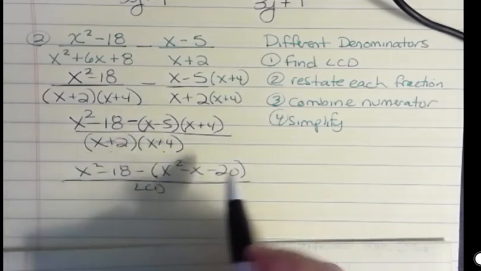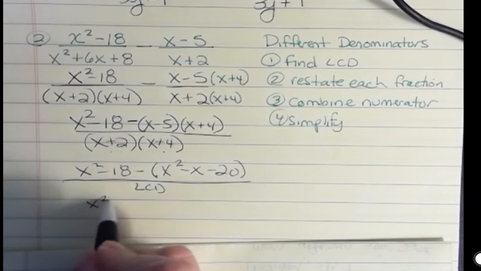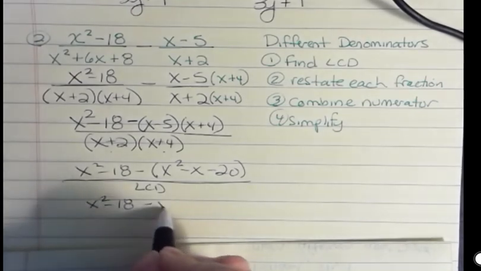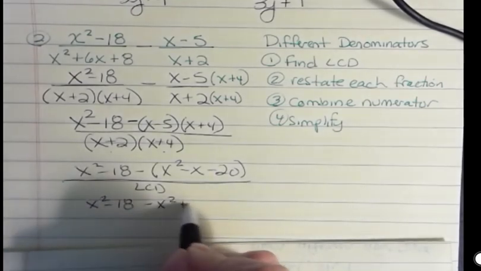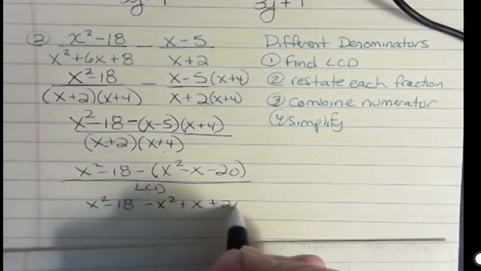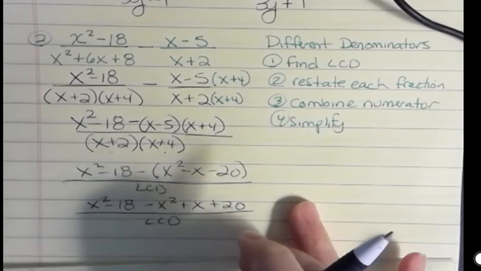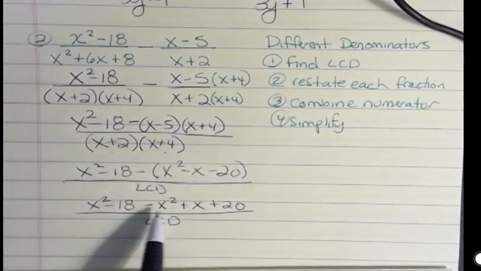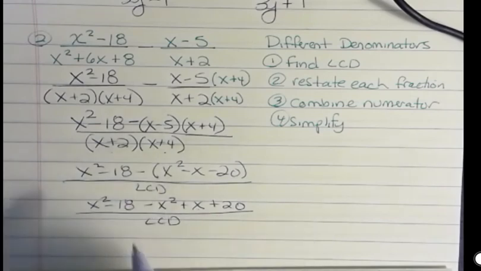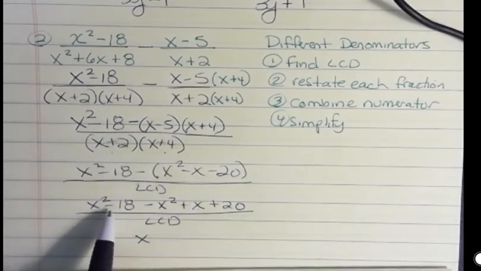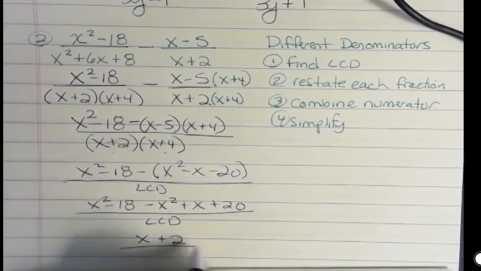Now if I distribute that negative sign, I have x squared minus 18 minus x squared plus x plus 20 all over the LCD. And finally, I can say x squared minus x squared goes away. I have x. I have negative 18 and positive 20, which is positive 2.